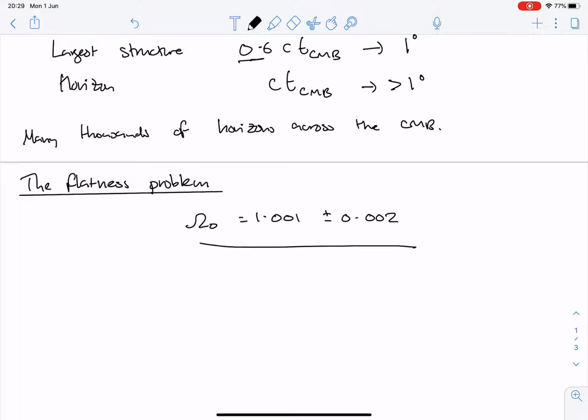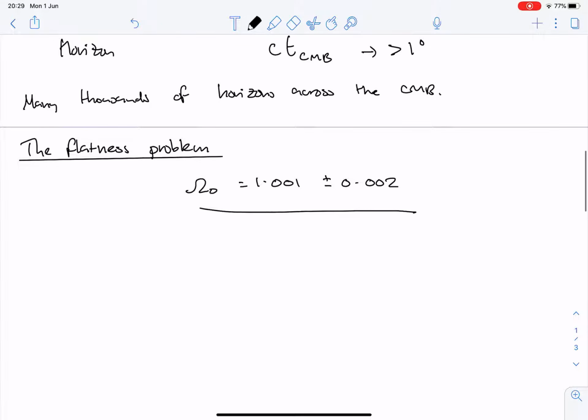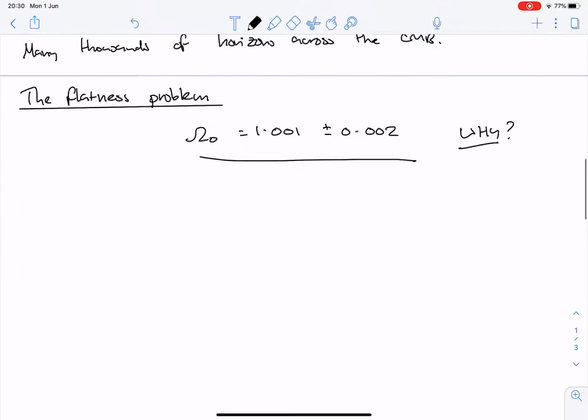And then it actually gets worse than that, because let's imagine not just why that is so close, but let's look at the evolution of the density, or the change in the critical density with time. In particular, of variations from critical density with time.